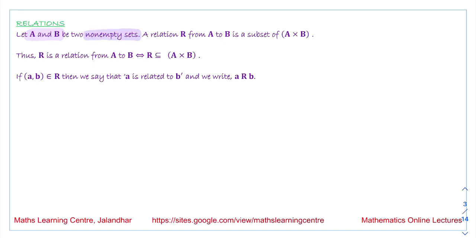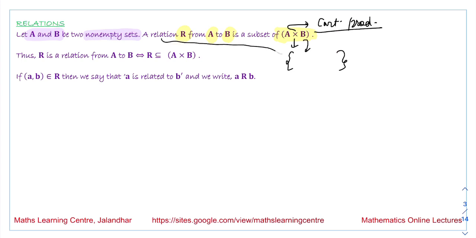A and B are two non-empty sets, and a relation R from A to B is a subset of A cross B, the Cartesian product. And if we take any subset of this set of Cartesian product, then that is called the relation.